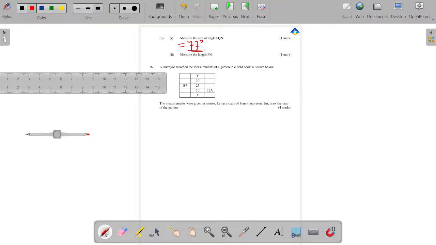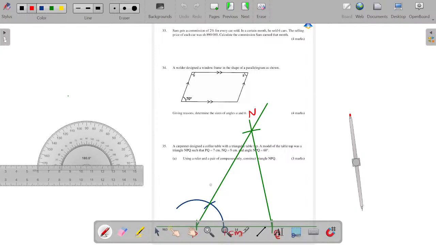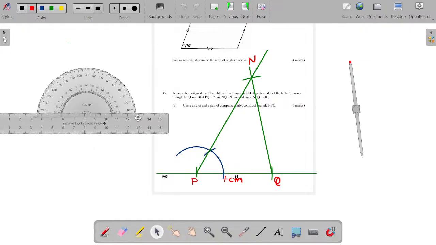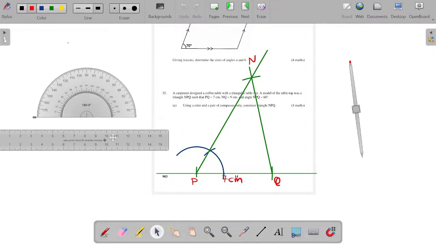Then measure the length PN. I need to measure the length PN. I go back. I can even use my ruler directly. Let me see if that will work or it will fail.